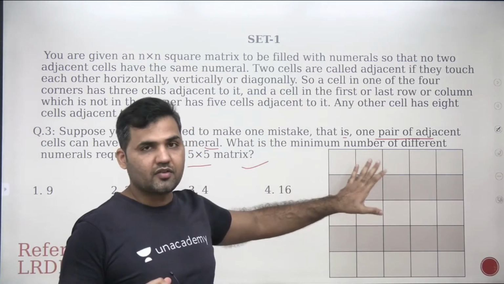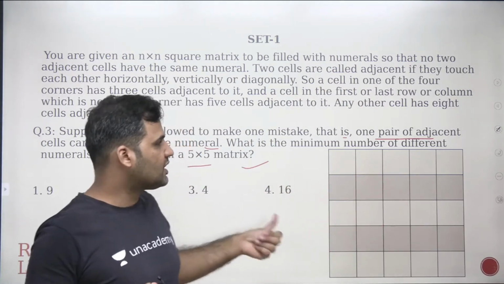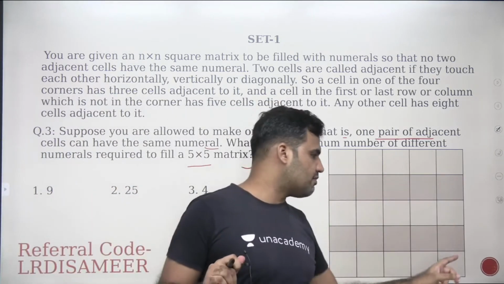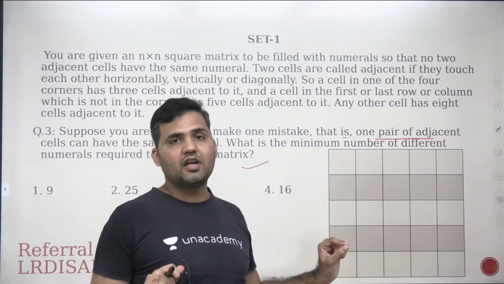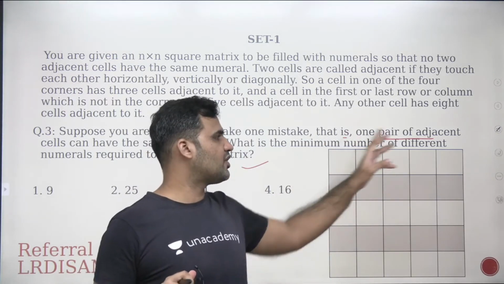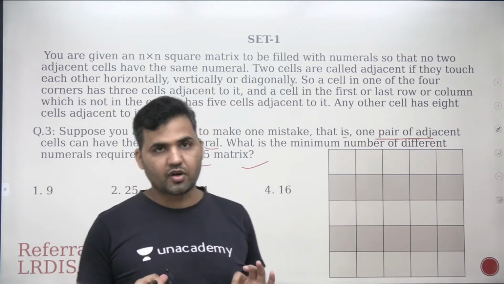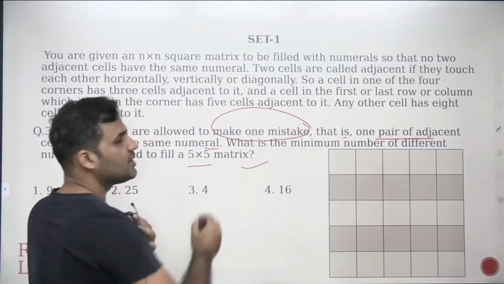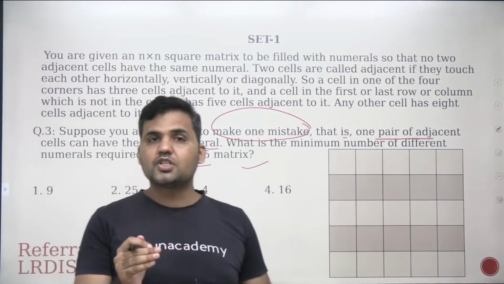Matrix is 5 into 5. Even the matrix has not been changed. We just saw in the previous question that a 5 into 5 square matrix can be filled completely with 4 digits. Minimum number of digits that are required to fill a 5 into 5 is 4. Now when I'm allowed to make a mistake, my number of digits should get reduced.